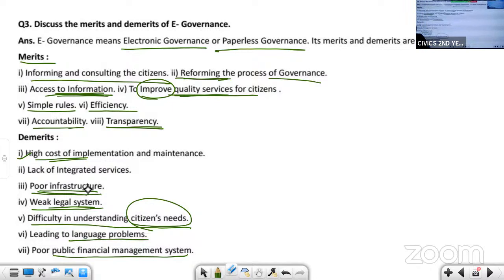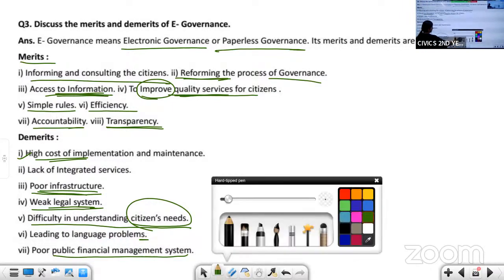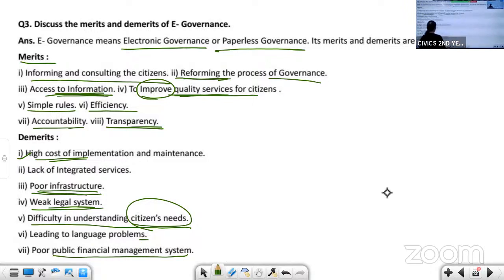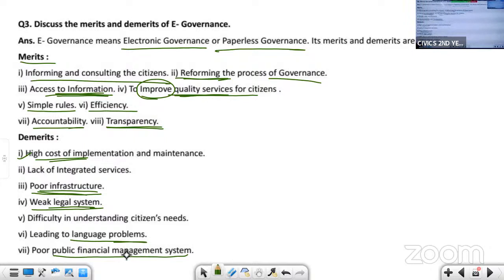Then the language problem. The layman who can't read or write, for them it was difficult to understand what the machine is saying. Then again they have come up with a solution for this. Now you have IVRs in different languages. So these are the merits and demerits of e-governance.